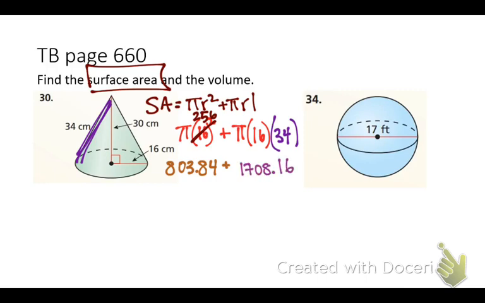Okay, we're going to add those two together. 2512, you said? And then that would be centimeters. It's surface area. So it's squared, because area is squared.